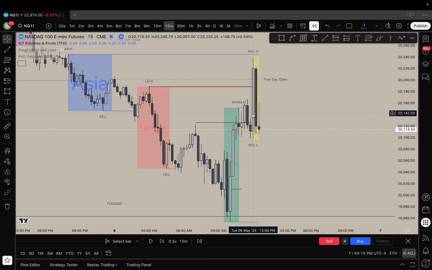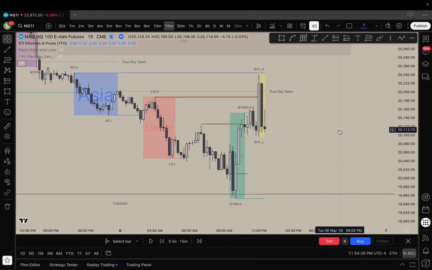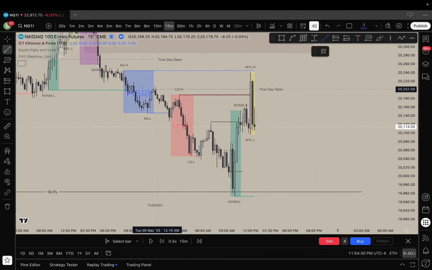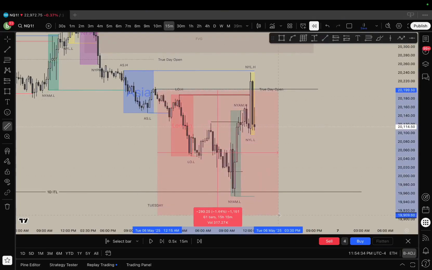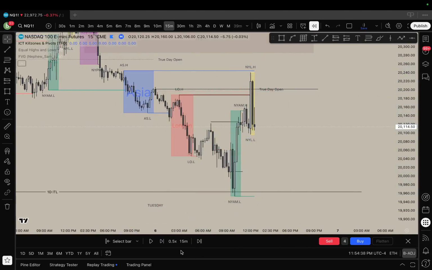So 12 o'clock ends up getting the distribution move here after 9:30 to 11 had that expansion, and then the 12 p.m. candle ended up doing the work there. So really, really nice daily profile here. Again, this was your open low. You can see that 12 a.m. true day open ends up trading immediately lower. We have an open low, and then we have a high close above here.